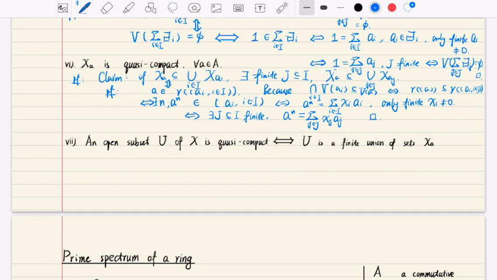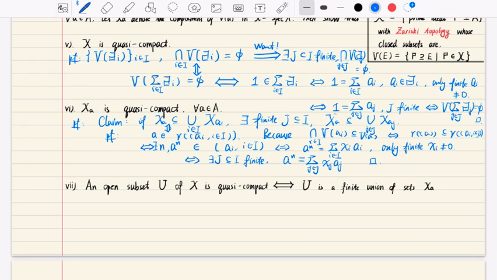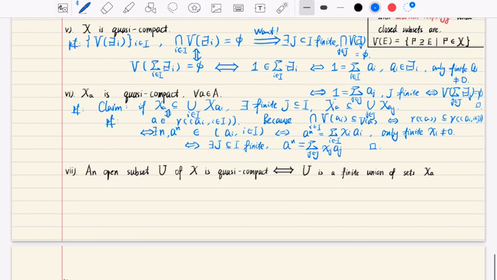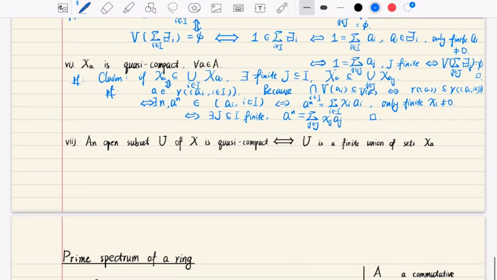Okay, these first two questions are about the basic open set being quasi compact, and the last one talks about when an open set is quasi compact. The answer is it is quasi compact if and only if it is a finite union of these basic open sets.